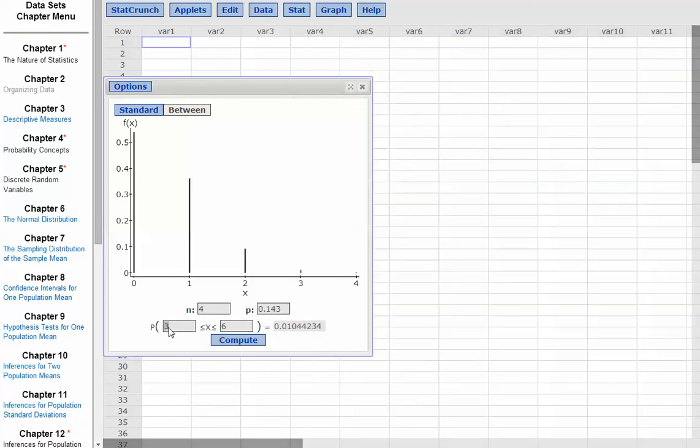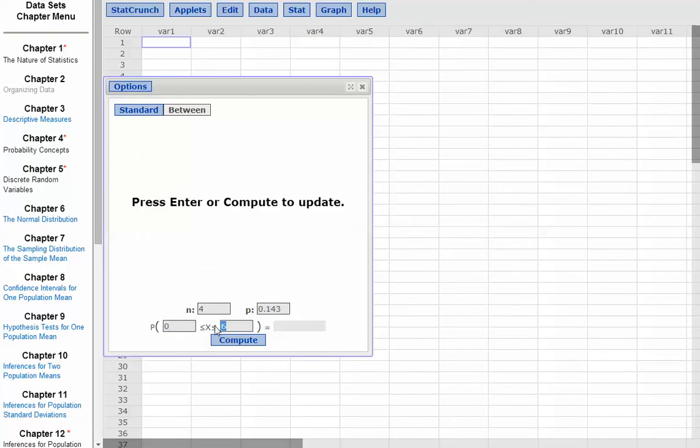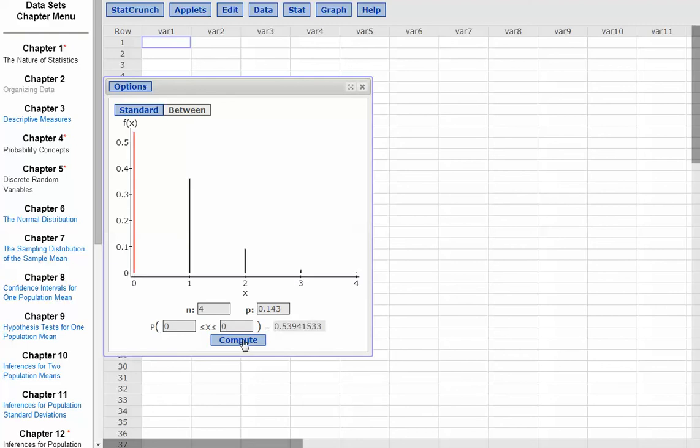So you input 0 and 0 here. X is between 0 and 0, then X is 0. You click on Compute, and it shows up.